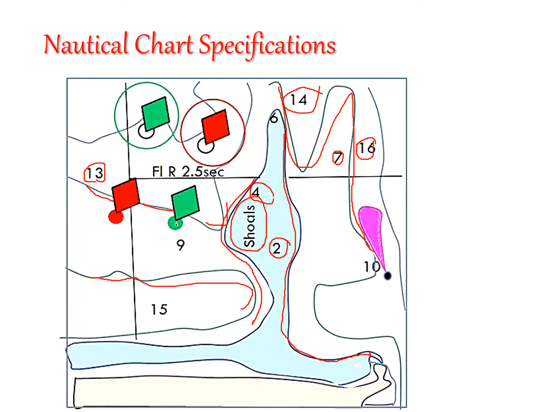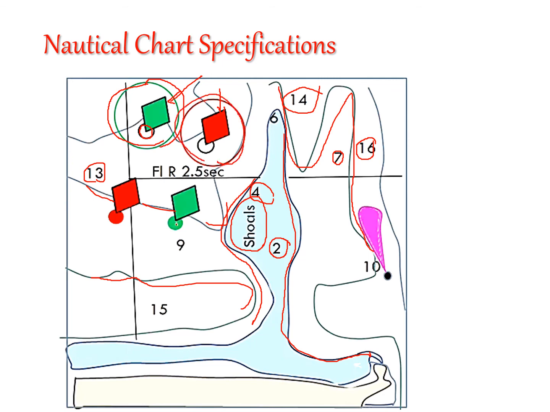Now here you can see one more thing, the colors, this one red and this one green, and small circles with a bigger circle around them in different colors.